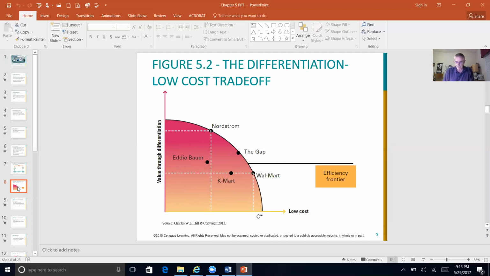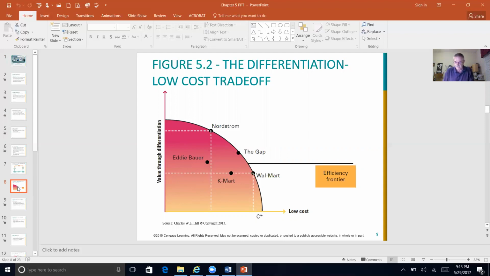And an enterprise or a business that's striving for differentiation typically has to bear higher costs to achieve that differentiation. Presenting the choice between differentiation and lower cost in these terms, the successful differentiator might be able to subsequently reduce costs if that differentiation leads to significant demand growth and attainment of economies of scale.